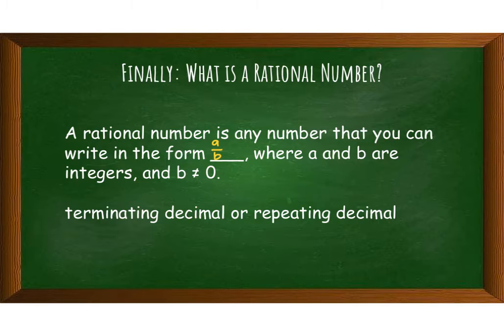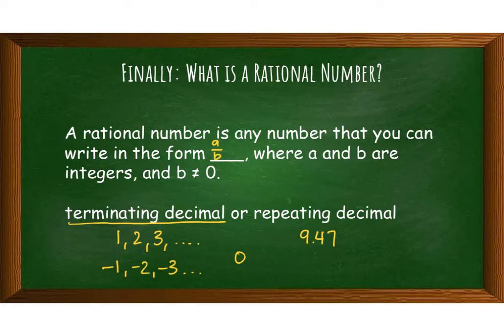All right, so examples of rational numbers. Okay, rational numbers are all the whole numbers, real numbers. Okay, so rational numbers include 1, 2, 3, ... They include the negatives. They include 0. Okay, it includes any decimal that terminates or repeats, a repeating decimal.